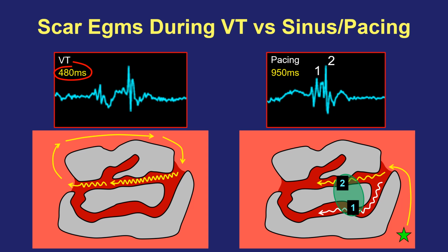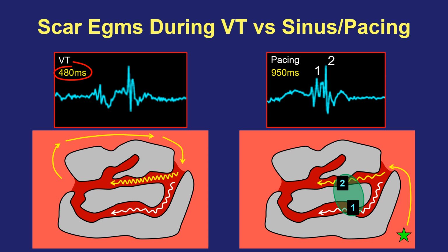And you can see how I've drawn a more squiggly line through the isthmus. You can get decrement. You can get slower conduction in this critical isthmus as you bombard it at a faster rate at a shorter cycle length during VT than during pacing. And that can delay the signal in this component of the scar.